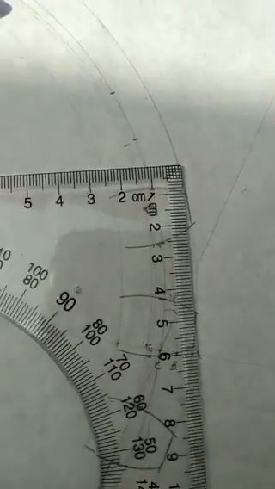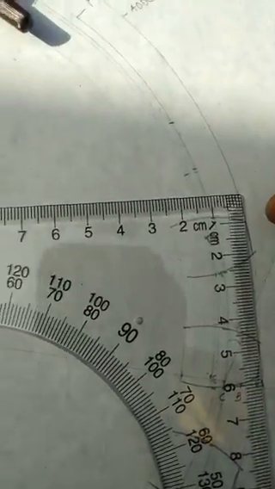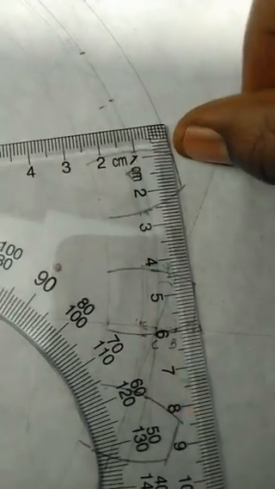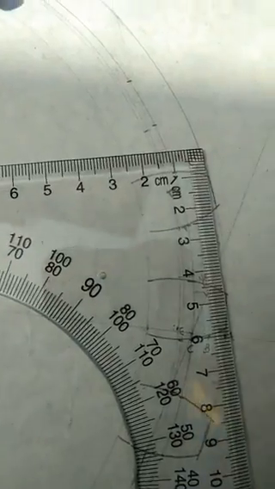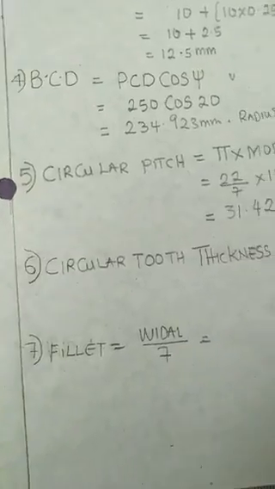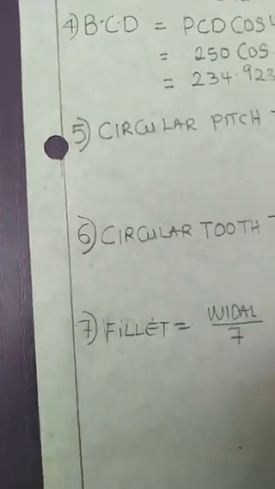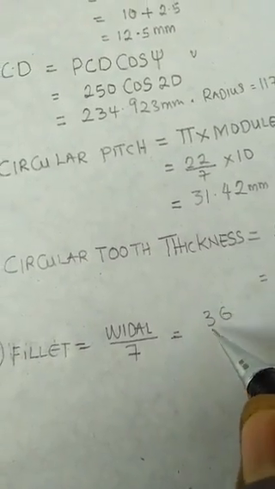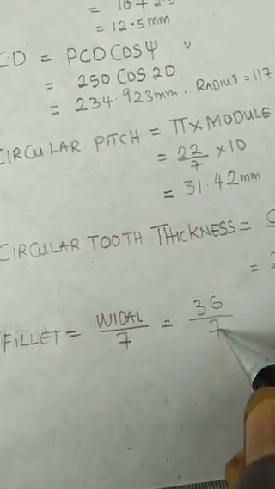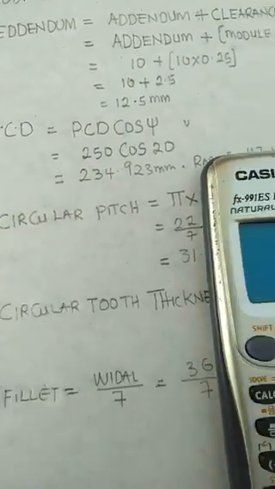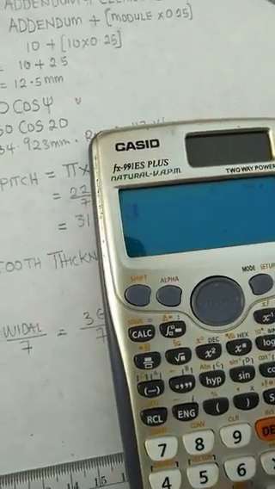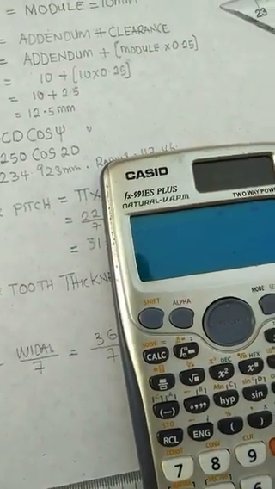If you look at this very well, from the beginning of the tooth to the corresponding beginning, that will give us 36 all over 7. And that will give us 36 divided by 7.